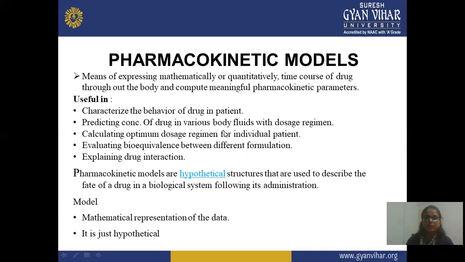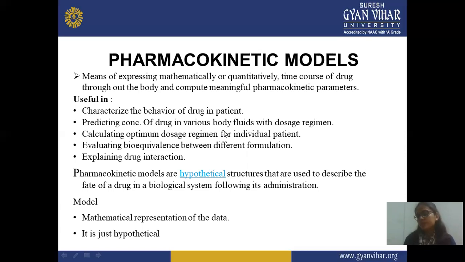Next is calculating the optimal dosage regimen for an individual patient. It means if you are checking the dose required, how much dose is sufficient for that particular patient according to their body weight, you can also use the pharmacokinetic model for calculating the amount of drug. And next is evaluating bioequivalence between different formulations.